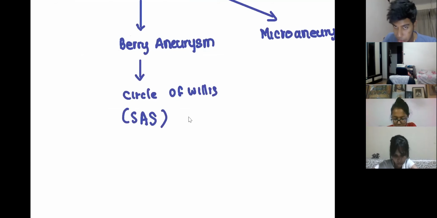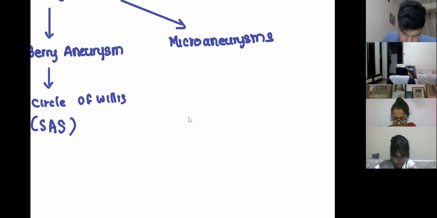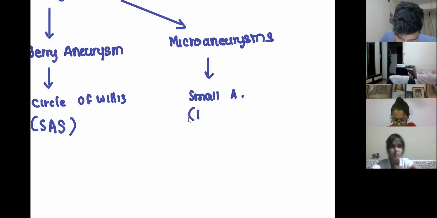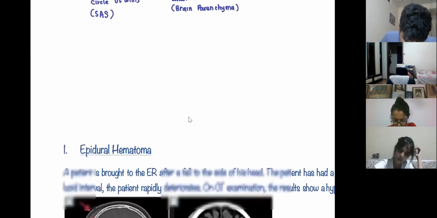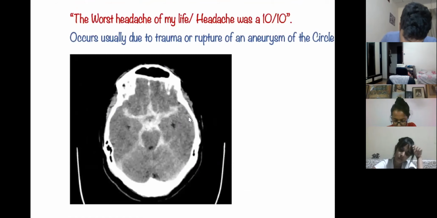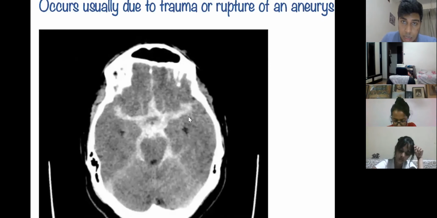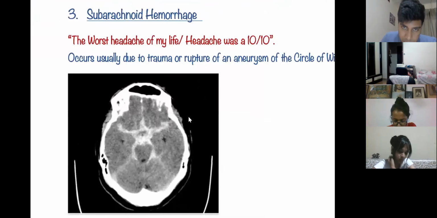Remember, circle of Willis is found in the subarachnoid space. These are small arteries which are in the brain parenchyma. So perianeurysm is going to cause subarachnoid hemorrhage. Rupture of a perianeurysm will cause subarachnoid hemorrhage.